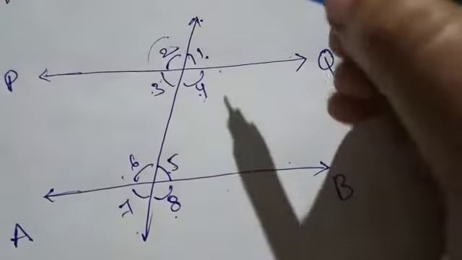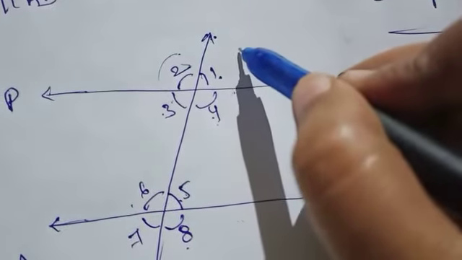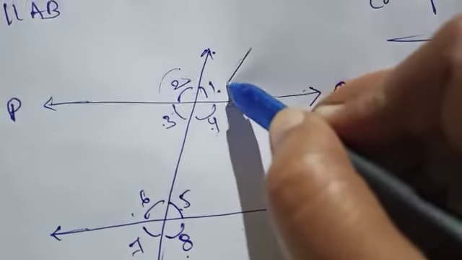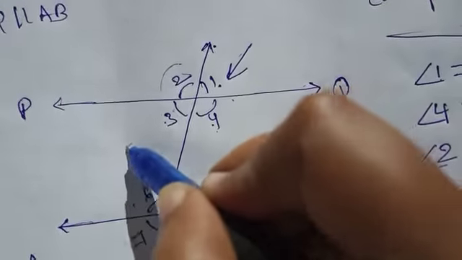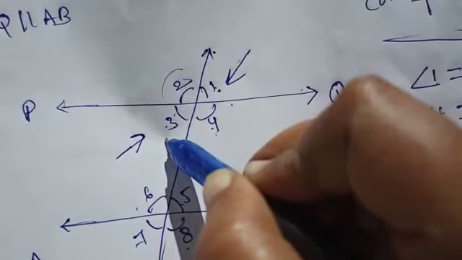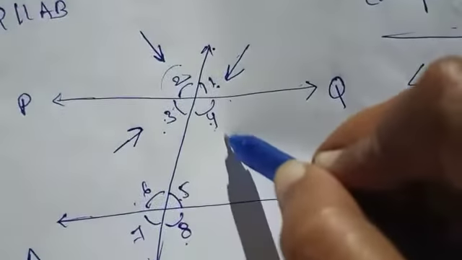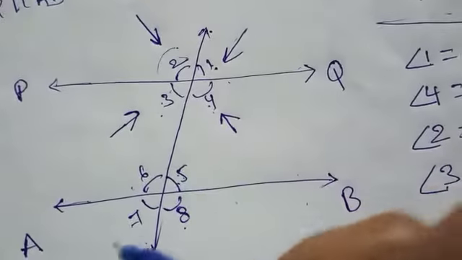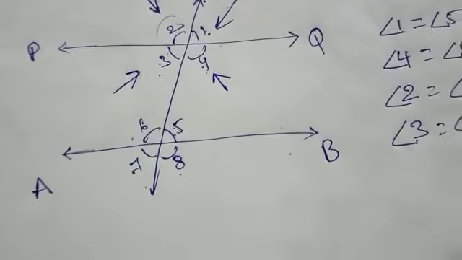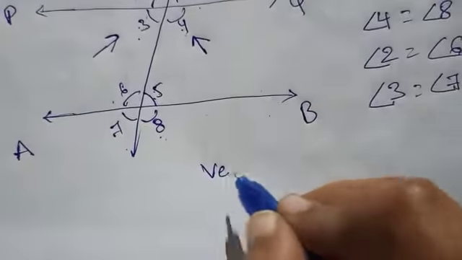Next, here angle 1, vertically opposite angles. Vertically opposite angles are angle 1 and angle 3. In the same way, angle 2 equal to angle 4, angle 5 equal to angle 7, angle 6 equal to angle 8. Vertically opposite angles are equal.